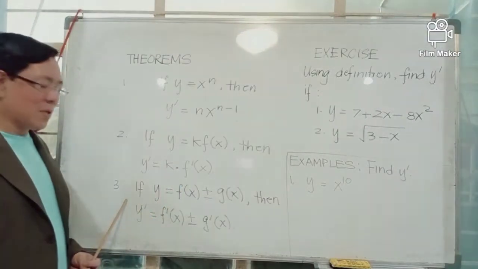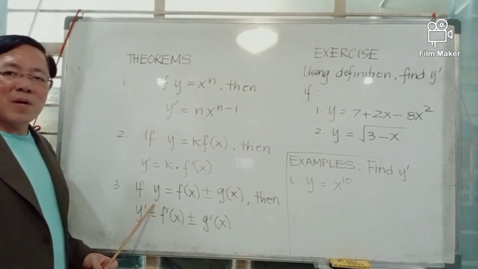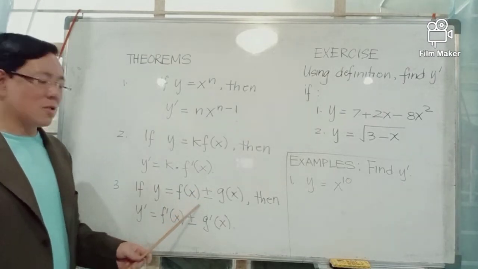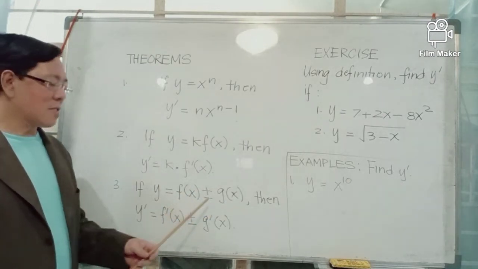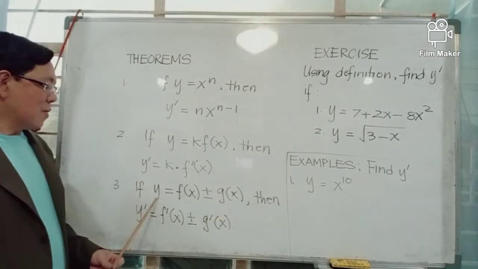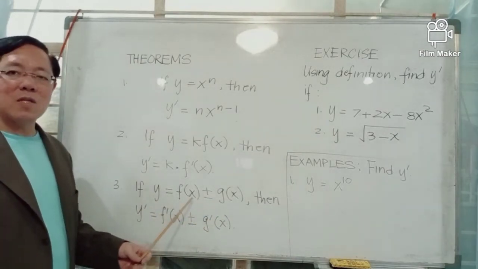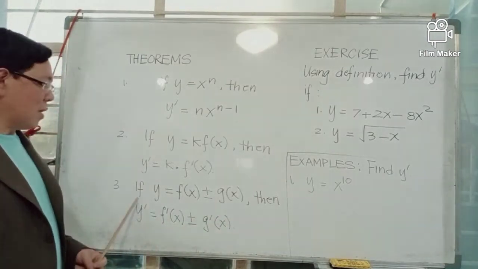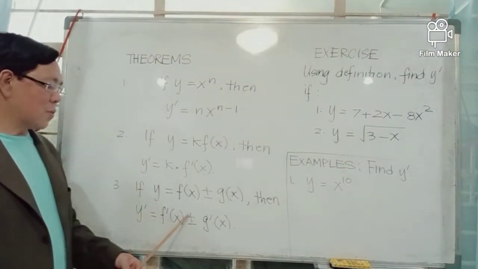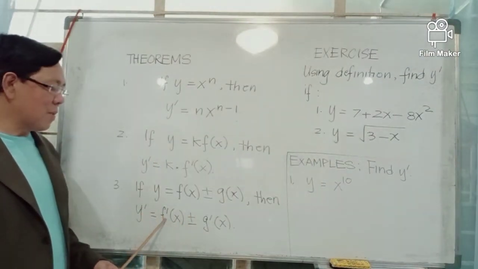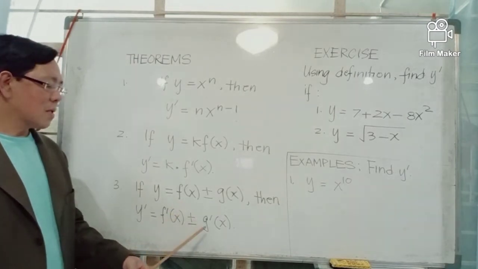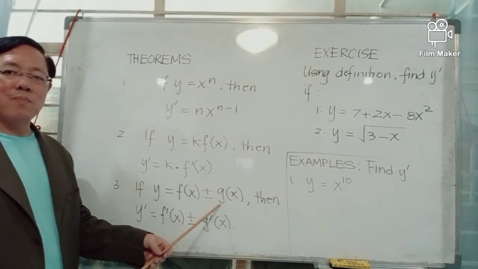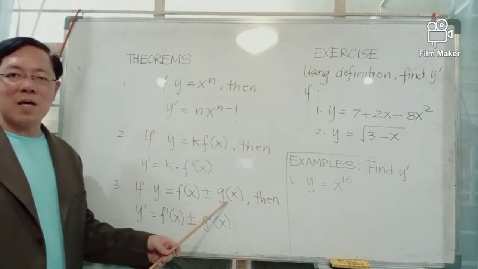Number 3, the third theorem: the function y is equal to the sum or difference of two functions, denoted by f of x and g of x. Then y prime, the derivative of y, is equal to the sum or difference of the derivative of f, the first function, plus or minus g prime of x, the derivative of the second function g of x.